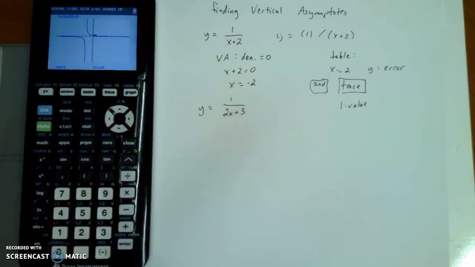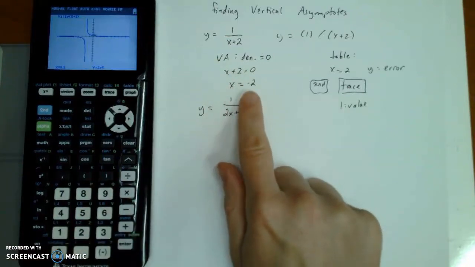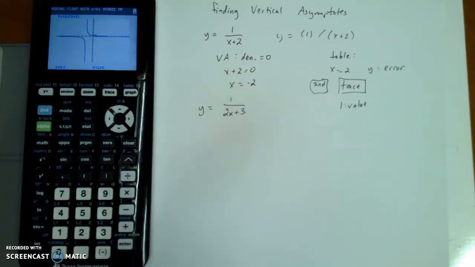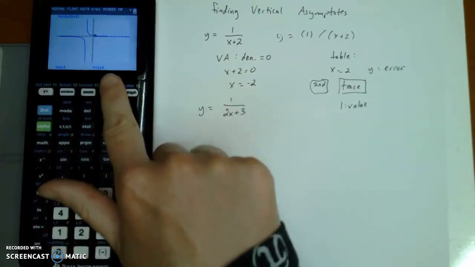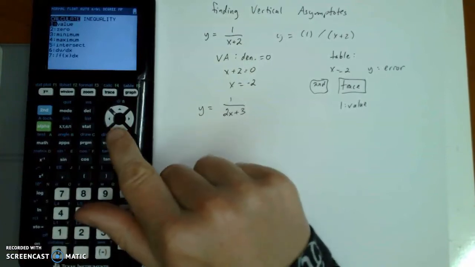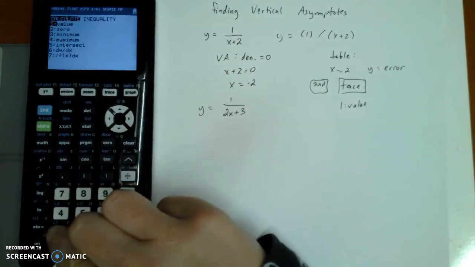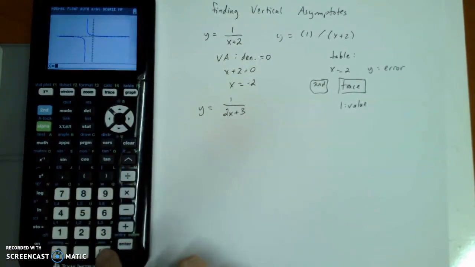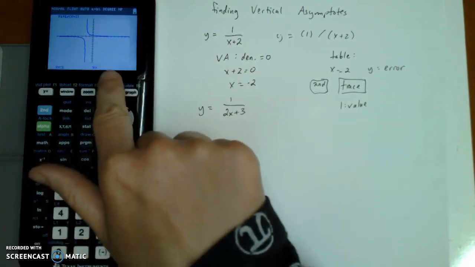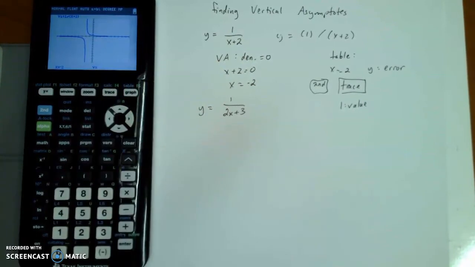This applies to fractions as well as things with even radicals. And what happens, though, if I type in this number? So let's do it one more time. Let's go to second trace, and then let's hit value. So what happens if I type in -2? I don't have a y value here.